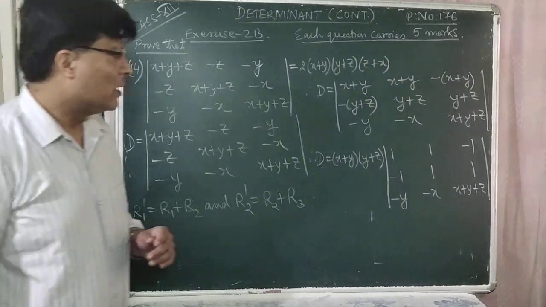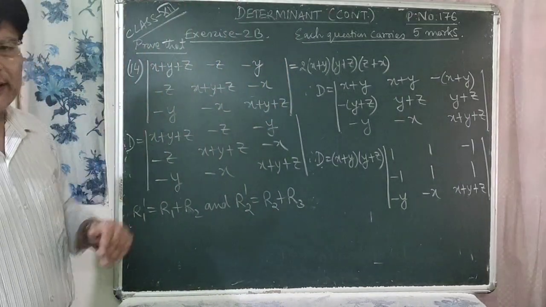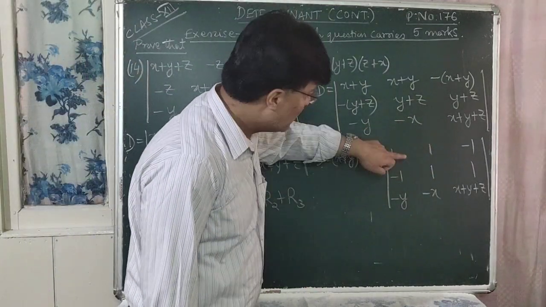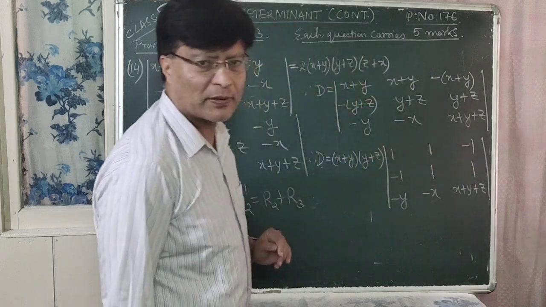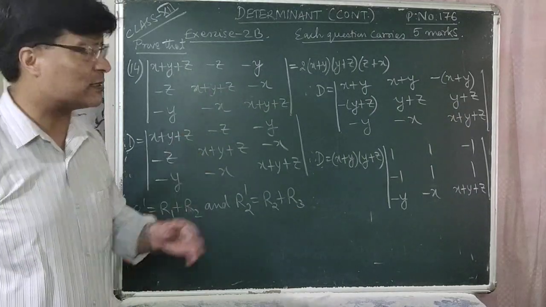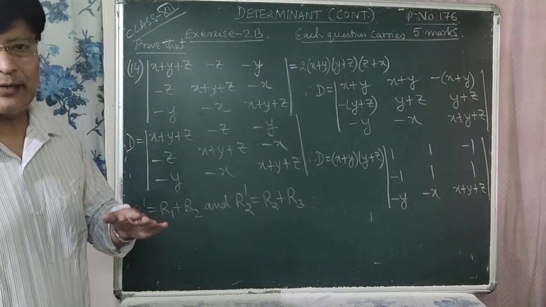Okay? So now what will you do? Again you can use the property here, that is R1 plus R2. 1 minus 1, 0. 1 plus 1 is 2. This is minus 1 plus 1 is 0. That means two elements are 0. You can easily expand it and you can prove that required result, that is 2 into x plus y into y plus z into z plus x, right?